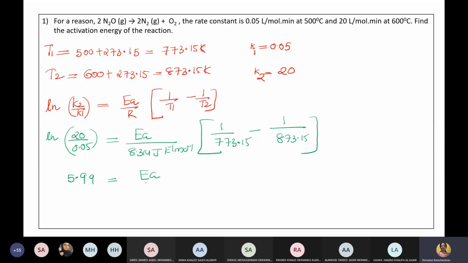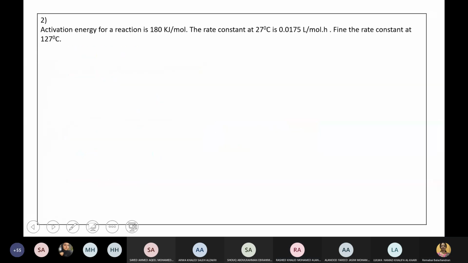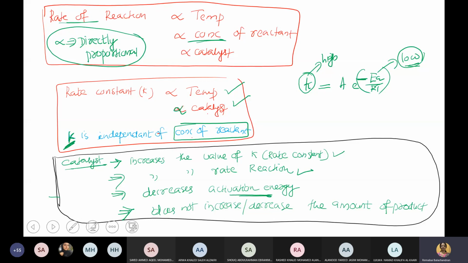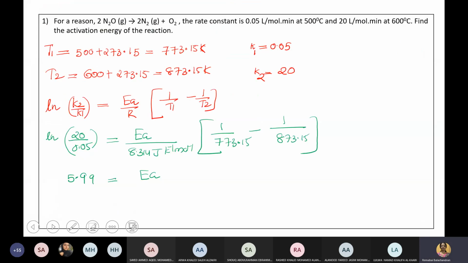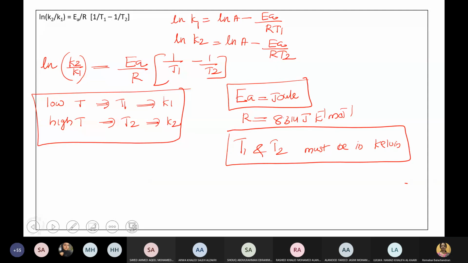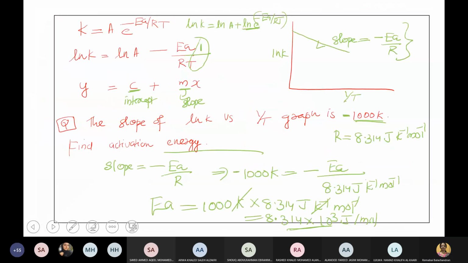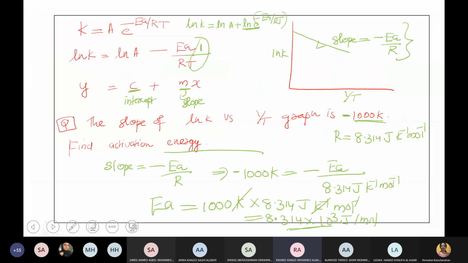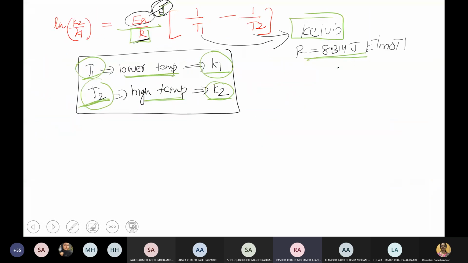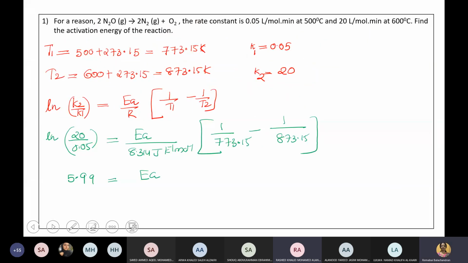Can you tell me the answer for the rest? It would be EA over 8.314 multiplied by 1.48 multiplied by 10 to the power minus 4.